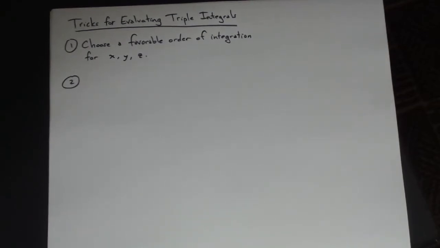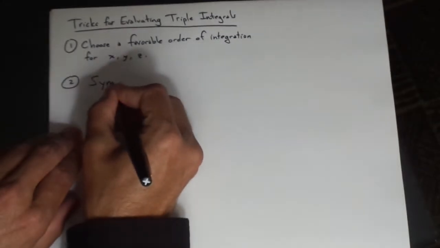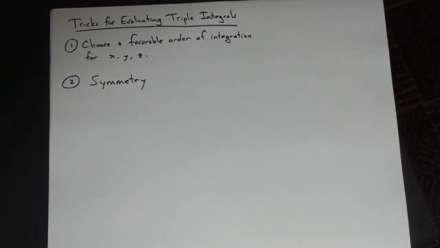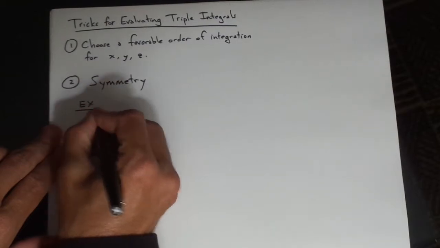Let's think about what else might be useful as a trick for evaluating triple integrals. Well, you might remember when we talked about double integrals that I mentioned symmetry. Symmetry can be extremely useful for evaluating triple integrals. Let me give you a quick example of that.